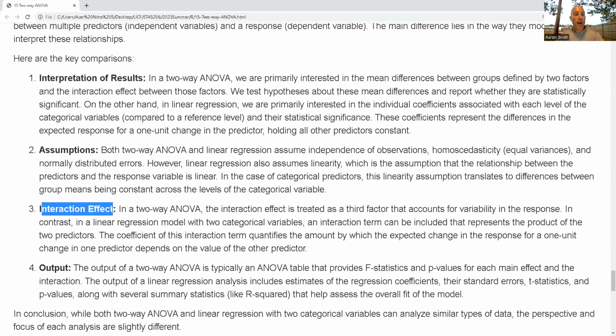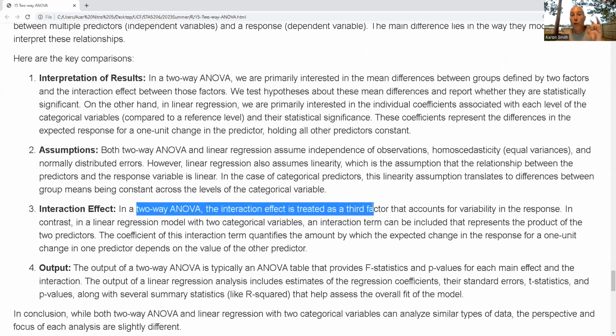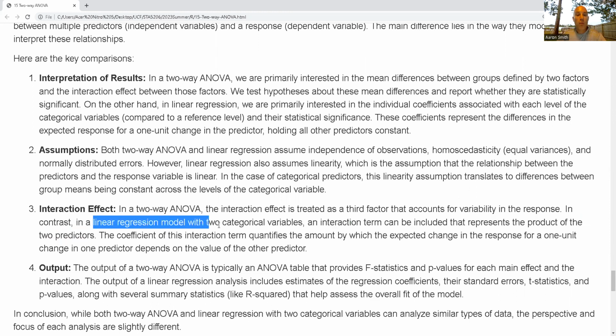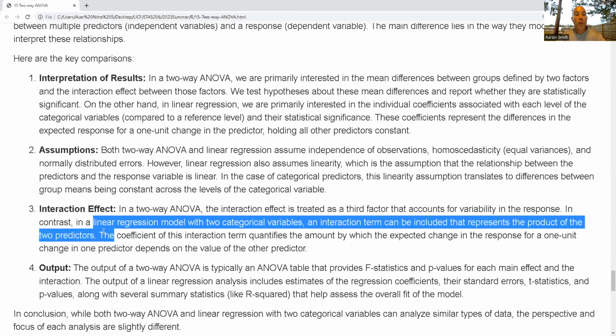Now, the interaction effect in a two-way ANOVA is treated as a third factor that accounts for the variability in the response. In contrast, in linear regression with two categorical variables, an interaction term can be included that represents the product of the two predictors.